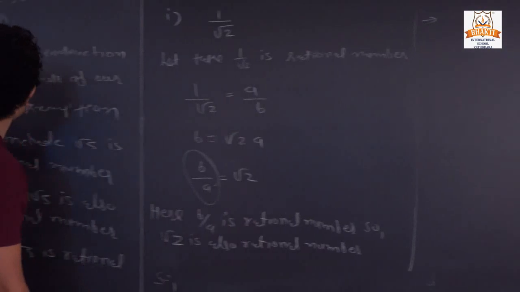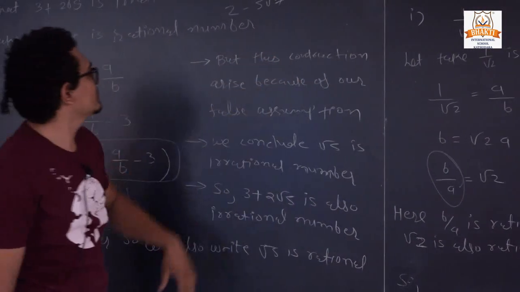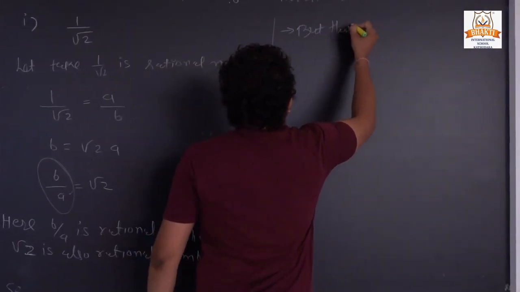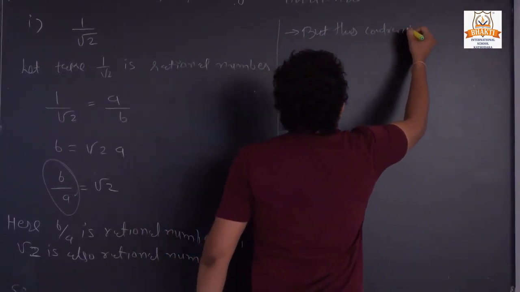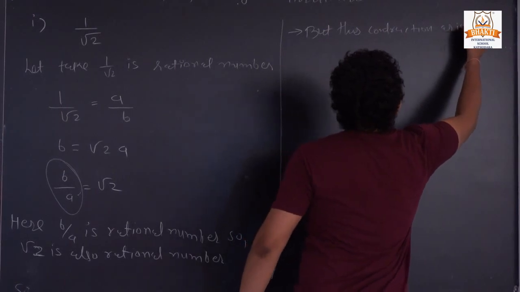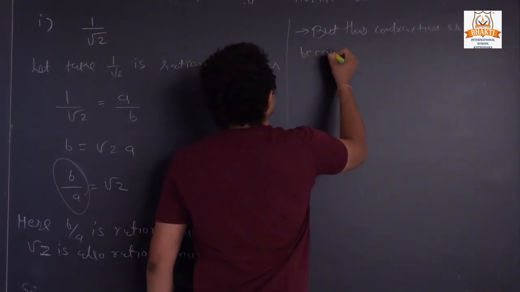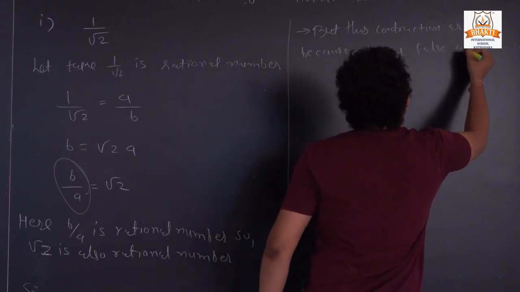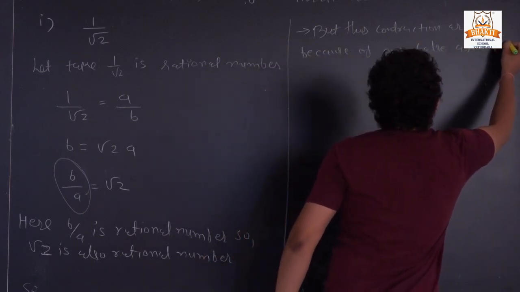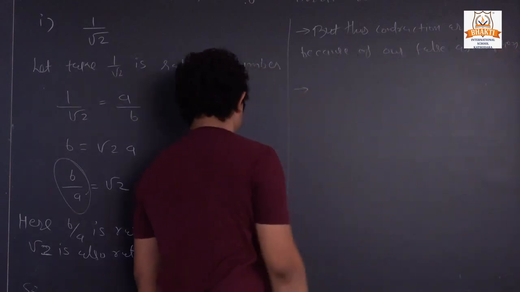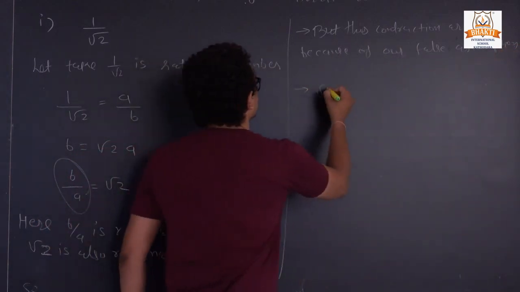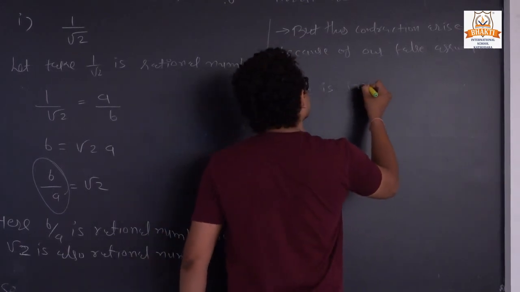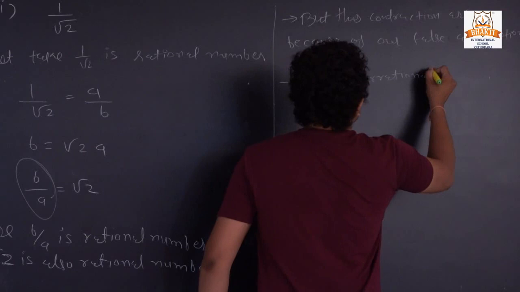Same steps, but the numbers will be changed. So this contradiction arisen because of our false assumption. So root 2 is an irrational number.